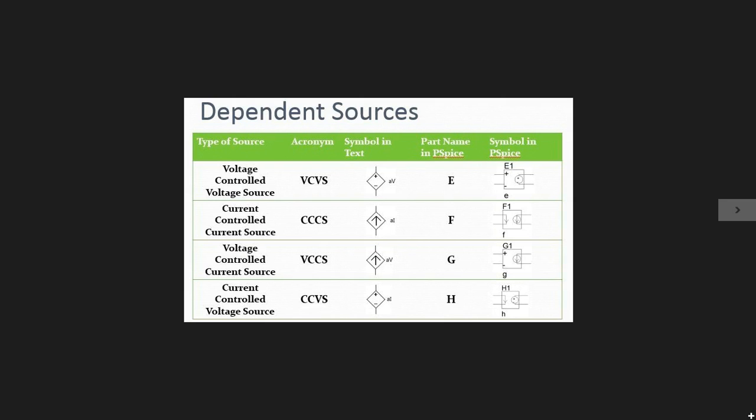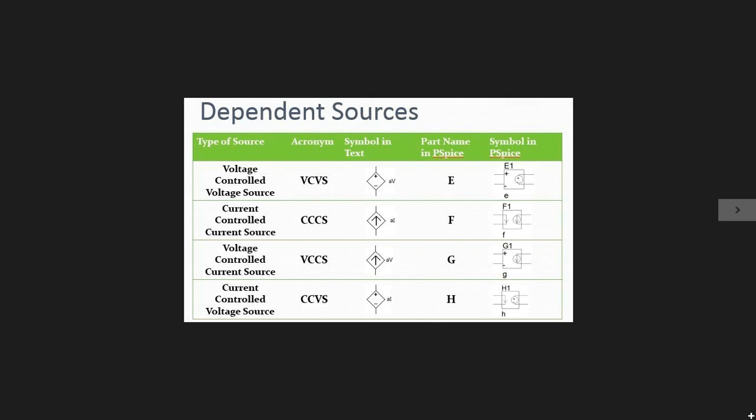Here this is the voltage controlled voltage source, VCVS for short, with a diamond symbol. Then the current controlled current source, CCCS, same symbol but with the current direction, and here is the positive and negative voltage controlled current source. I will explain the current controlled voltage source to all of you, but first you have to know, according to our circuit, the voltage controlled voltage source.